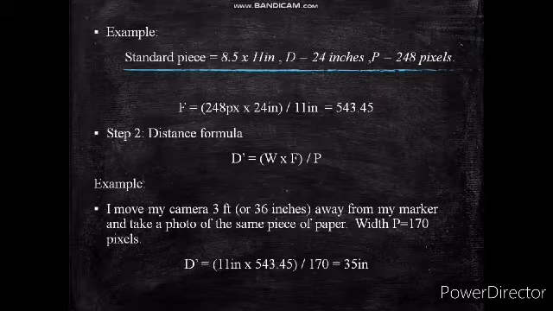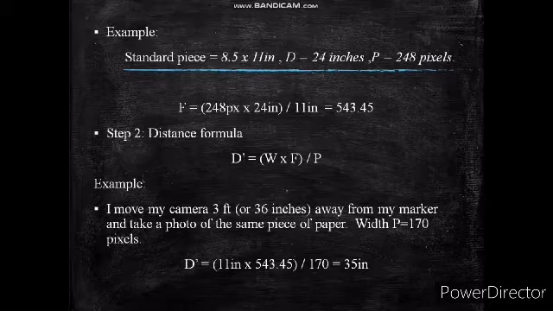When the distance between the camera and the object becomes larger, the pixel value becomes lesser. We know all the values, and the focal length we found in the first step, so substituting them we get the distance as 35 inches.